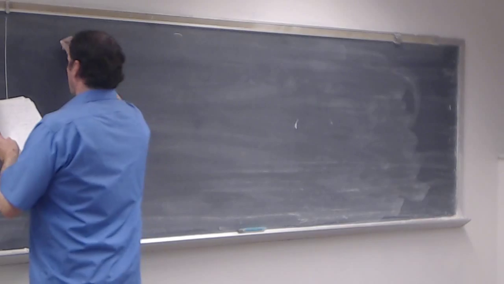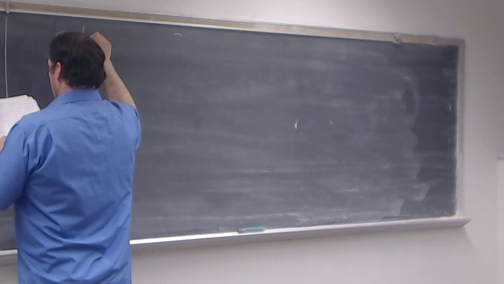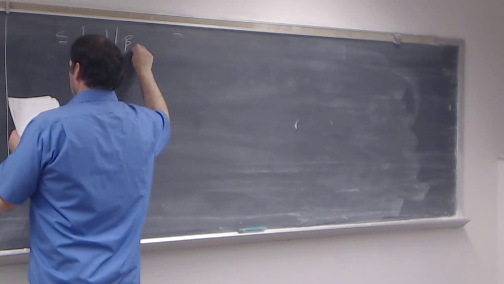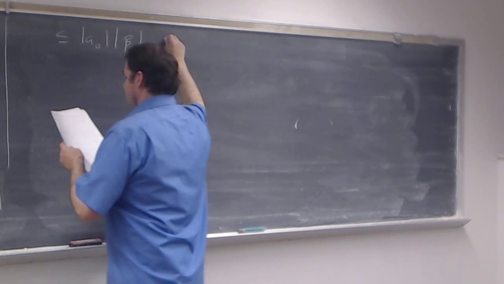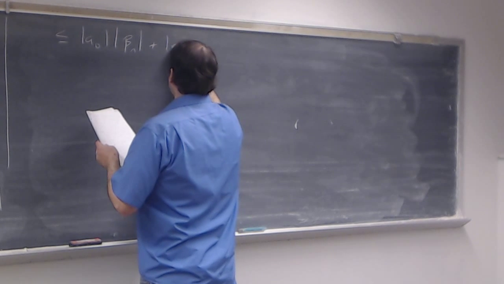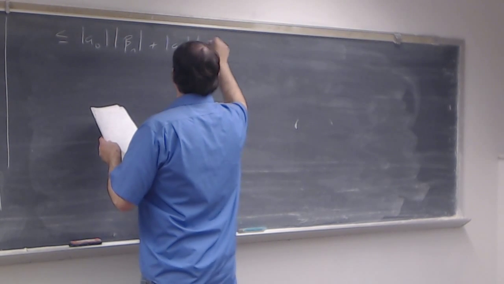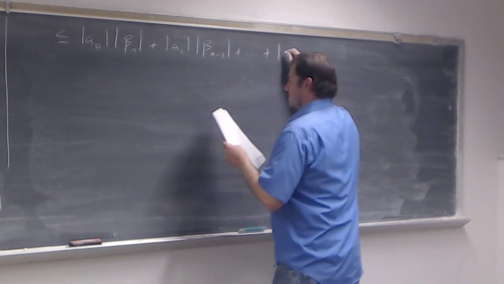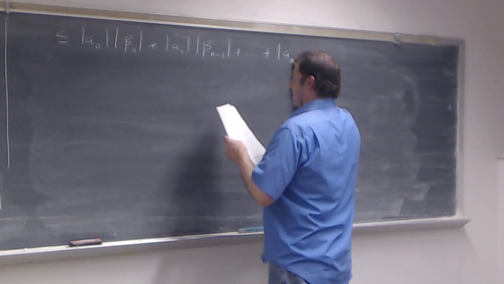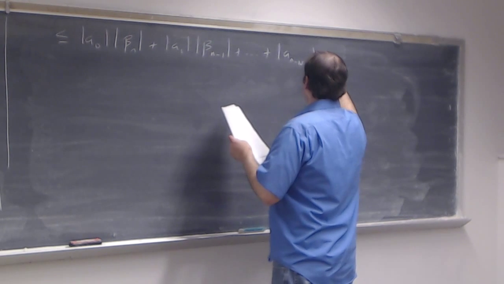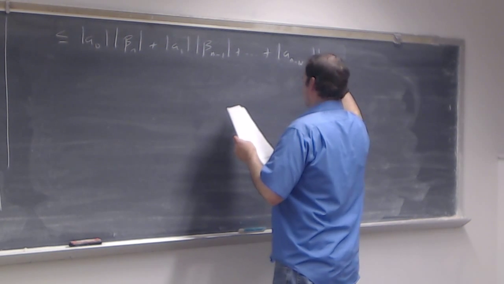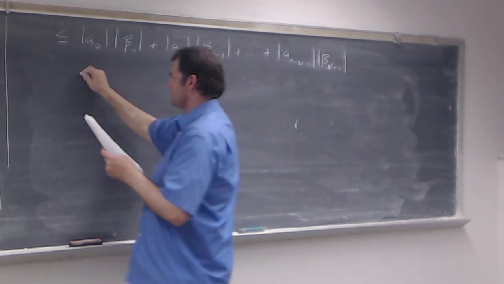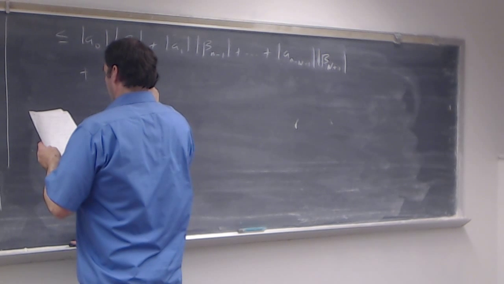Using the triangle inequality, we'll get that this is less than or equal to the absolute value of a sub 0 times beta sub n, plus the absolute value of a sub 1 times beta sub n minus 1, and keep going all the way up to the absolute value of a sub n minus big N minus 1 times beta sub big N plus 1, plus this other string, which I won't break up.